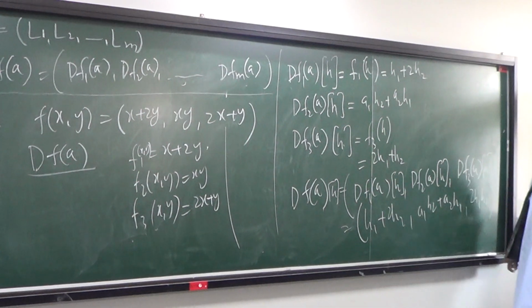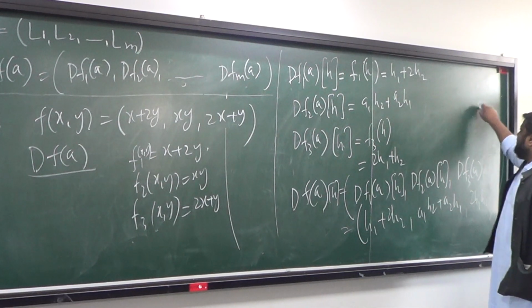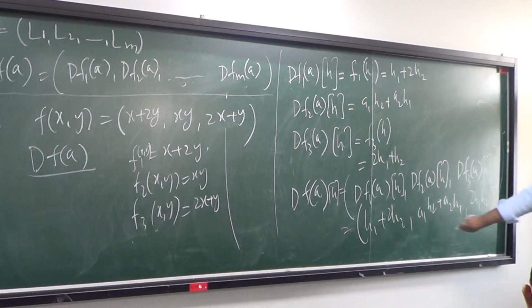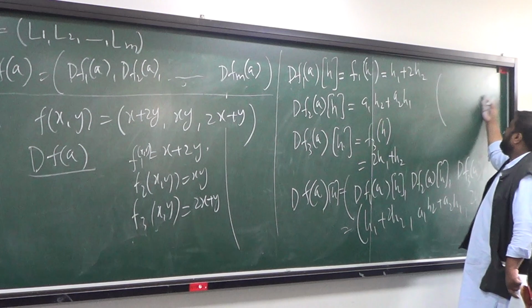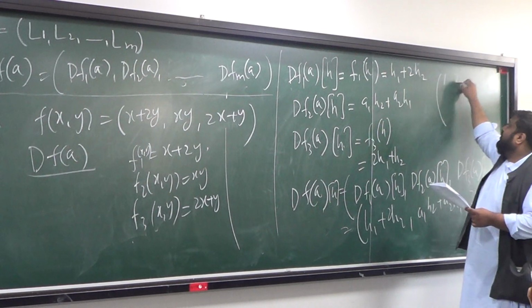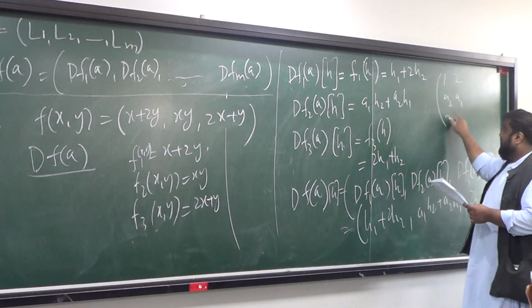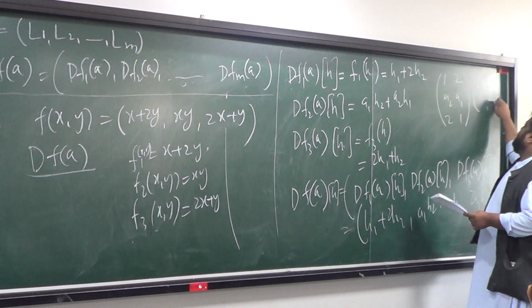Getting the point? Here is another interesting observation. I can write this vector as the matrix with rows (1, 2), (a2, a1), and (2, 1), multiplied by the vector (h1, h2).